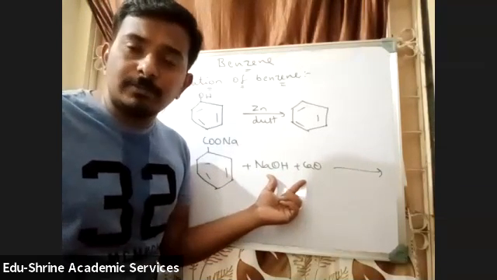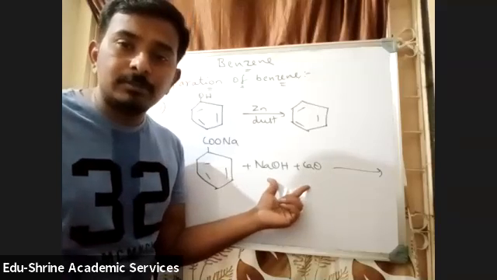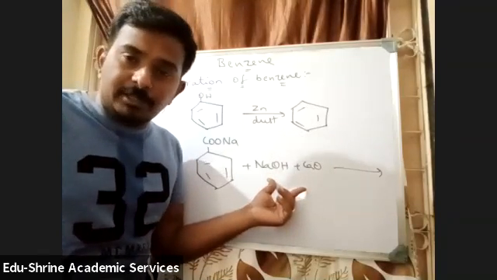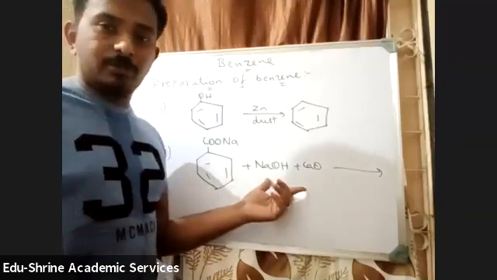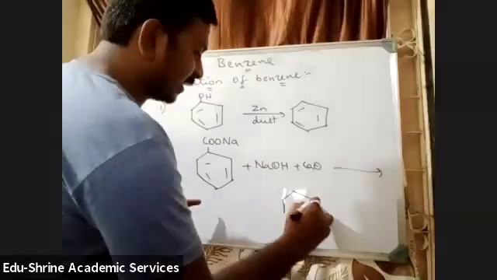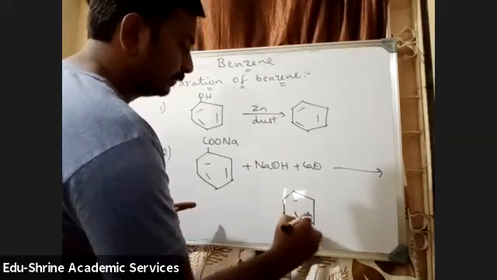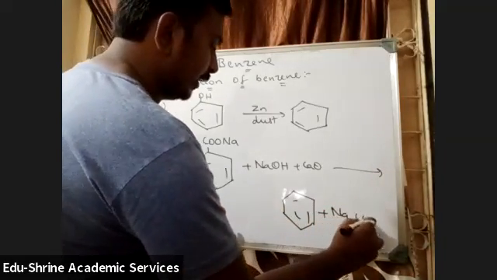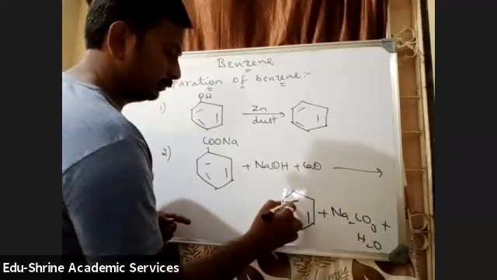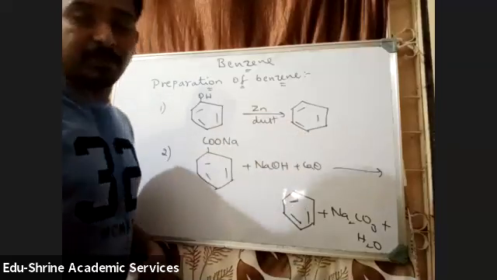It is used for decarboxylation. Very good. So CO2 from here will be removed, and when CO2 is removed you get benzene only. So benzene plus Na2CO3 plus H2O. So even from this we can prepare benzene.